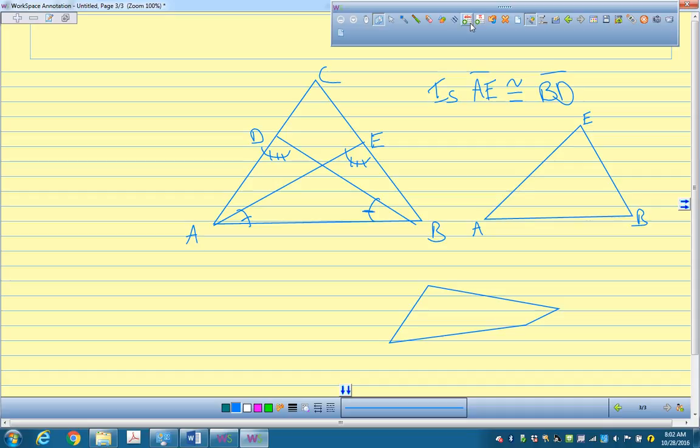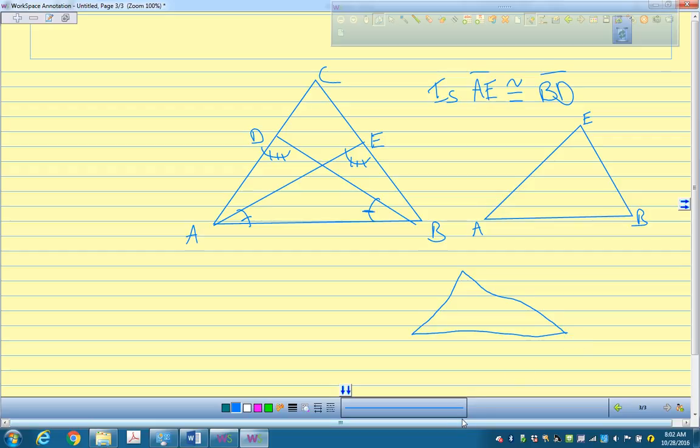It didn't even look like a triangle. Let's try again. Let's try one more time. There, that should be good. So this triangle here, I'm going to call triangle ADB.